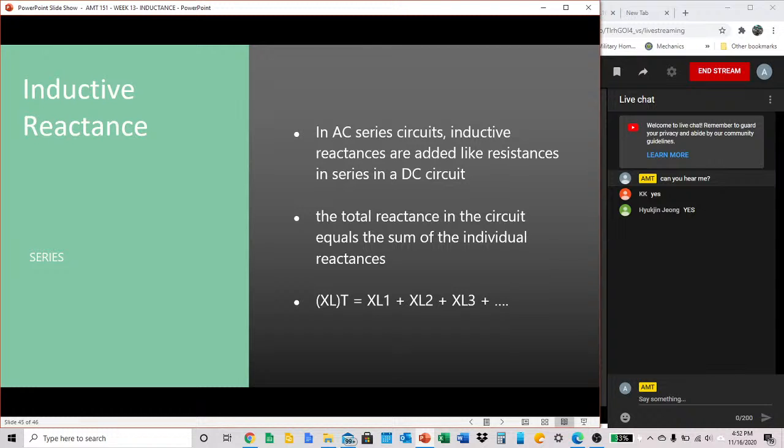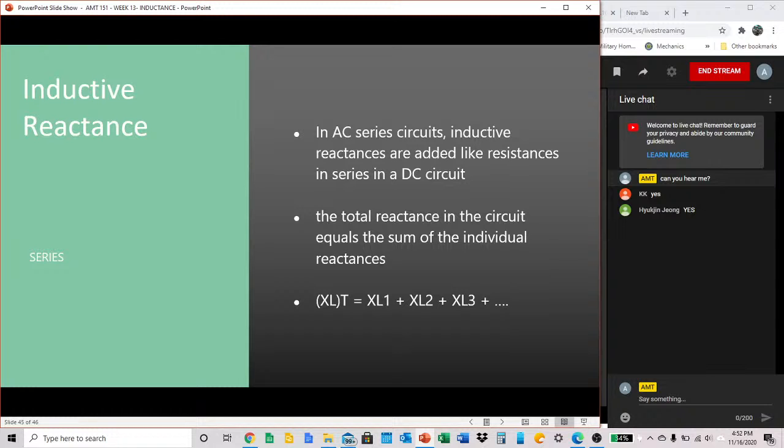AC circuits in series. In AC series circuits, inductive reactances are added like resistances in series in a DC circuit. I'm not going over any examples of series and parallel because the video that you guys watched for lecture last week covered a lot of examples of those. This is just some information so that you have it to refer to when you're studying.